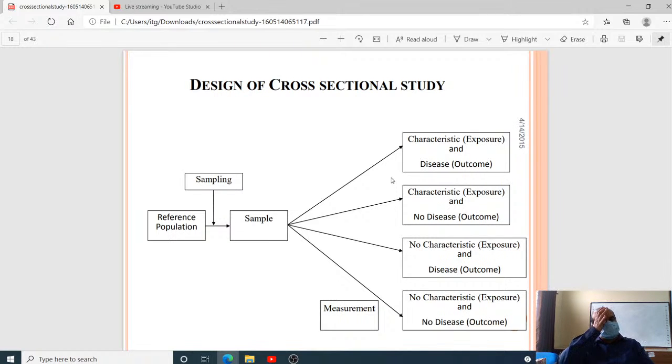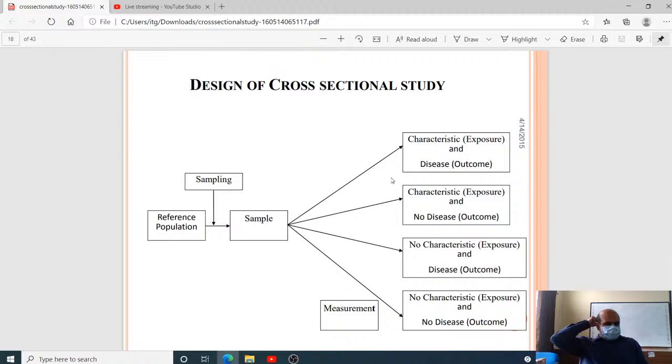Design of a cross-sectional study. We take a reference population, then we take a sample out of that reference population. We do sampling, and then we do measurements and find out exposure and outcome.